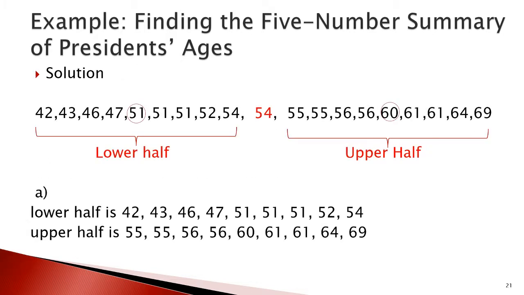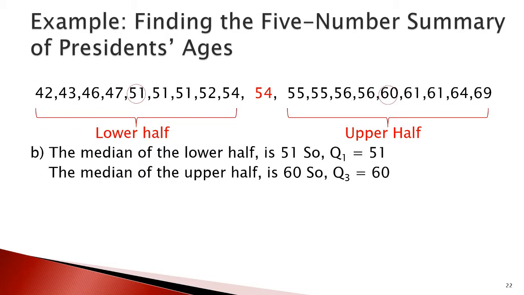Since the median is 54, we are going to divide the data into values less than 54 or greater than 54. The values greater than 54 are called the upper half, and the values less than 54 are called the lower half. So the lower half is values from 42 to 54, and the upper half is values from 55 to 69. Next, what is the median of the first half?